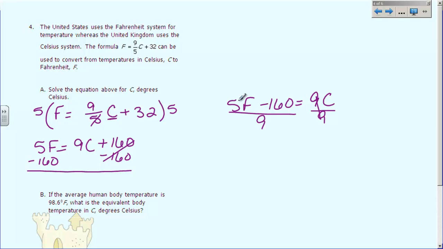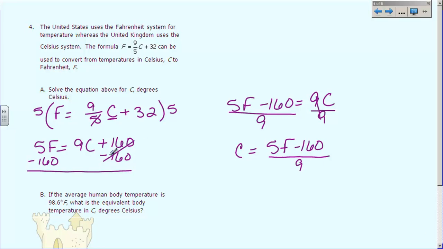Well, 5 does not divide by 9 evenly, and neither does 160. They do not make pretty numbers. So you can stop right here, and you can say that C equals 5 times F minus 160, and all of that is divided by 9. There is nothing wrong with this rewritten form of the equation. You could break it apart, but it's unnecessary.